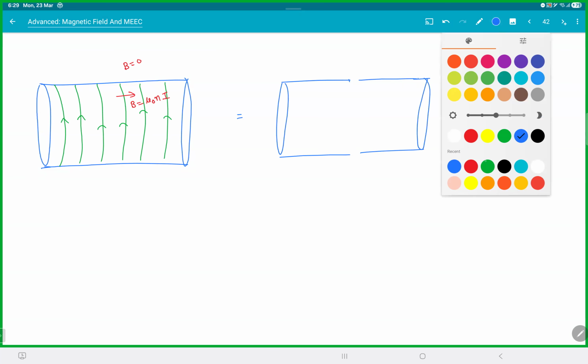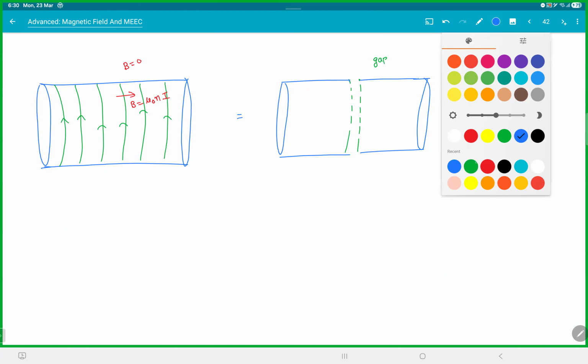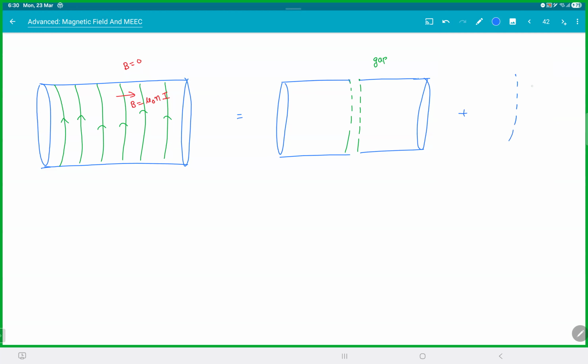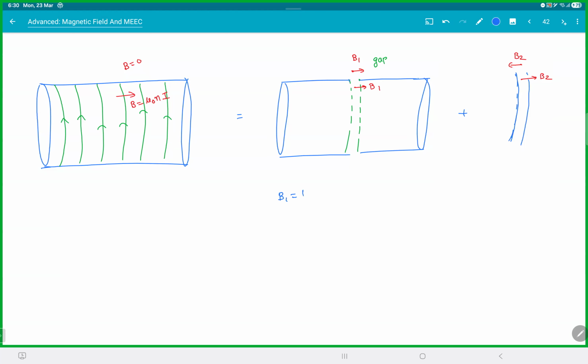We take a thin gap here, plus we again take the thin gap here. So the field here will be something like B1, B1, and this would be B2 and B2. So you'll end up with B1 equal to B2 equal to mu naught Ni by 2.